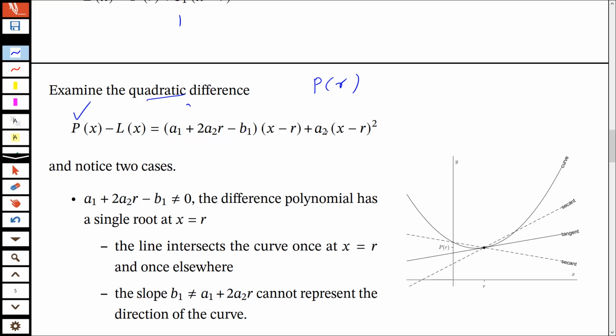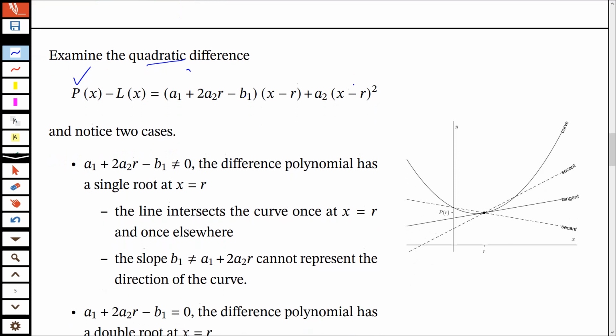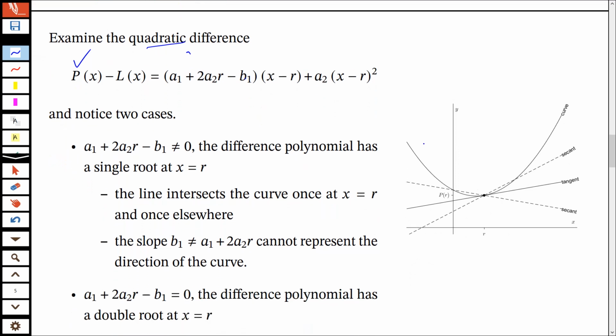And that A2 is entirely coming from P. So here we can notice something. Here is a pictorial representation of the curve representing P of X. And these are different candidate lines. This is one possible line, this is another possible line, this is another possible line. You see, they all are intersecting the curve at X is equal to R. This is a requirement.